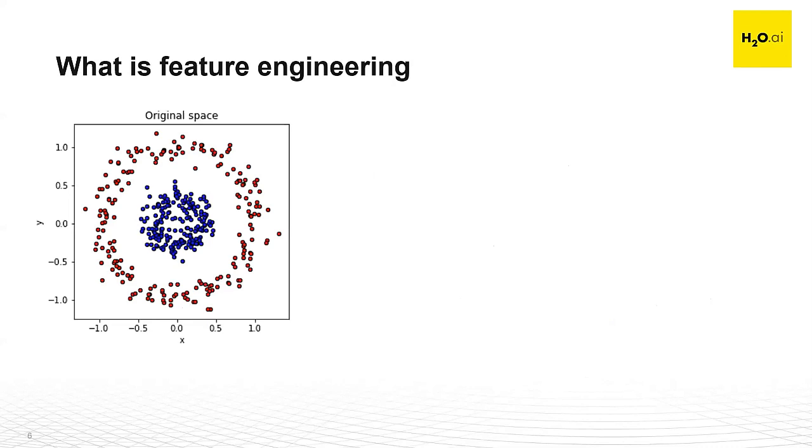I want to give a high-level example of why feature engineering might be important. Here you can see I have two features, X and Y, and I have a classification problem with two classes, one with the blue dots and one with the red dots, and you can clearly see they're separated.